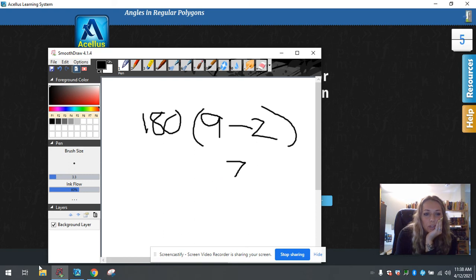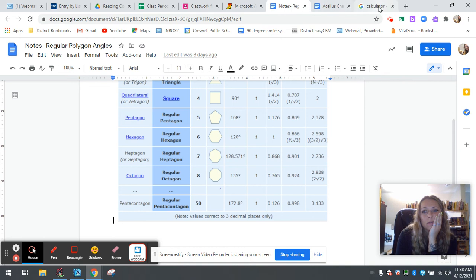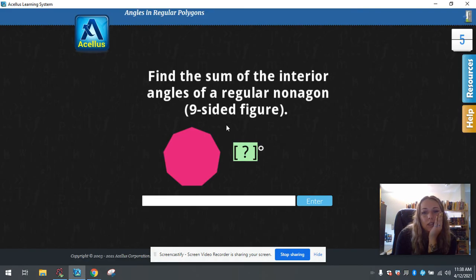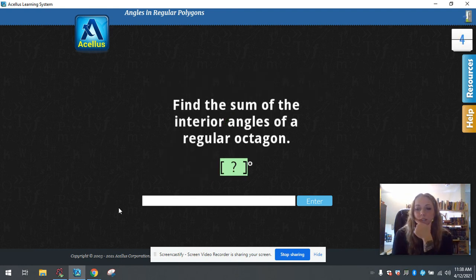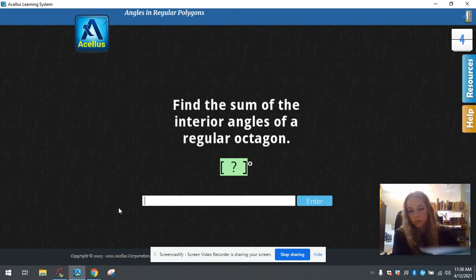So we're going to do 180 times 7, which is 1,260. The formulas, like I said, I've made notes. I will post my notes on Google Classroom.